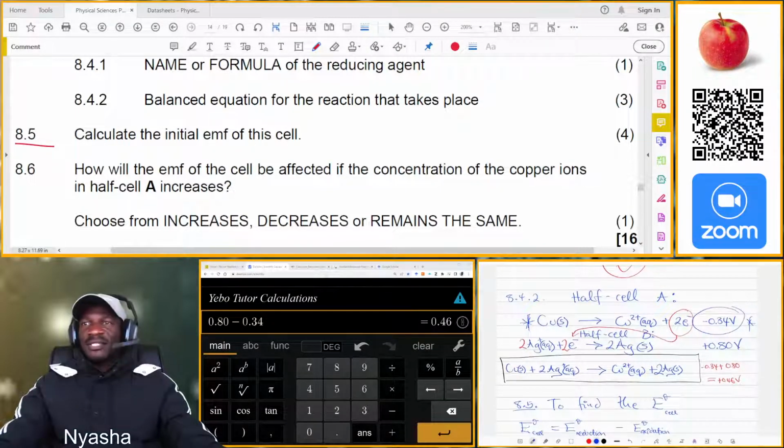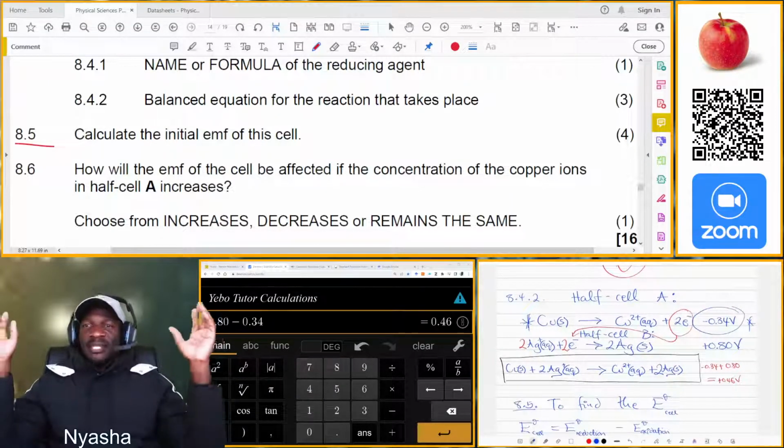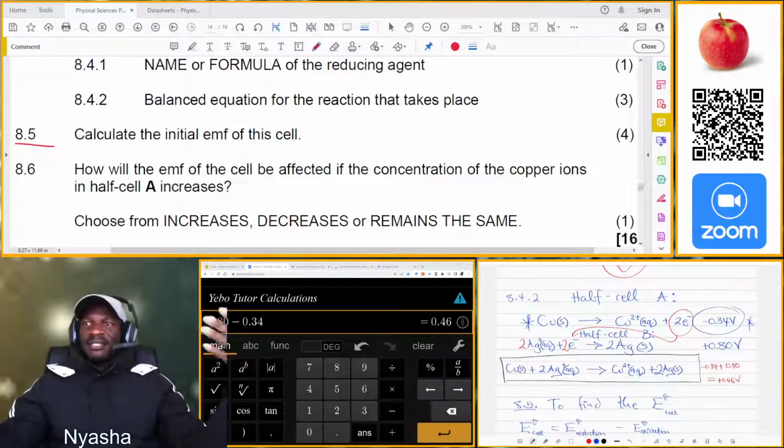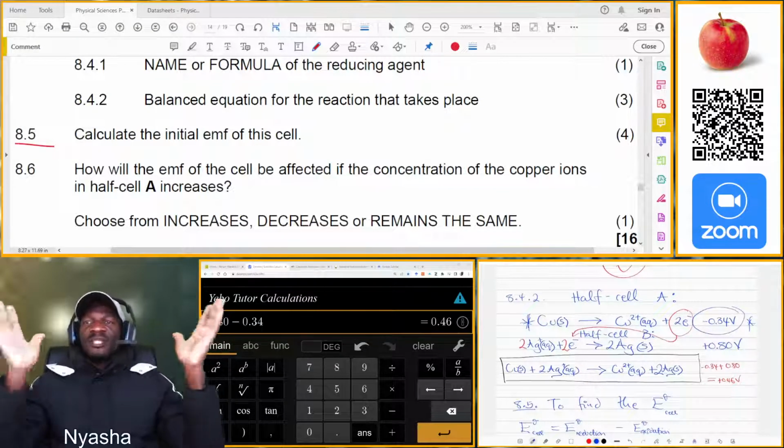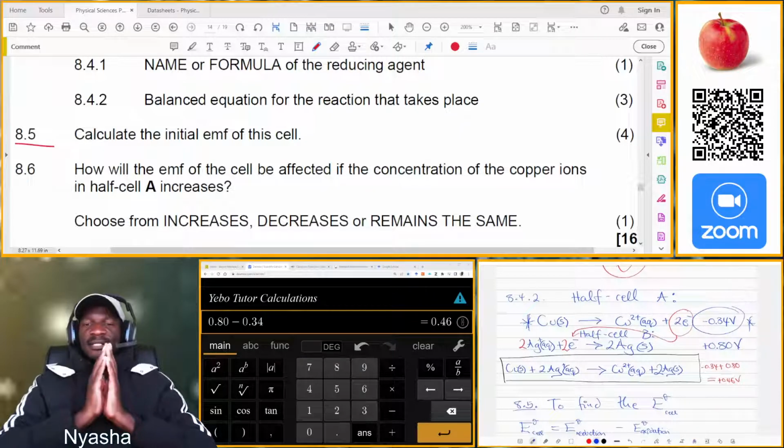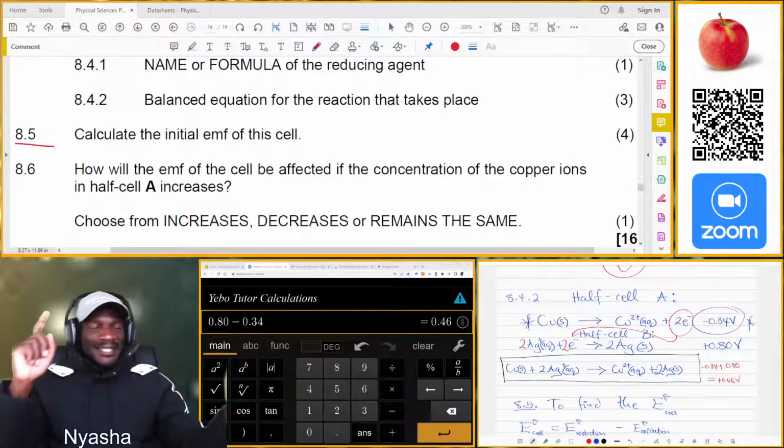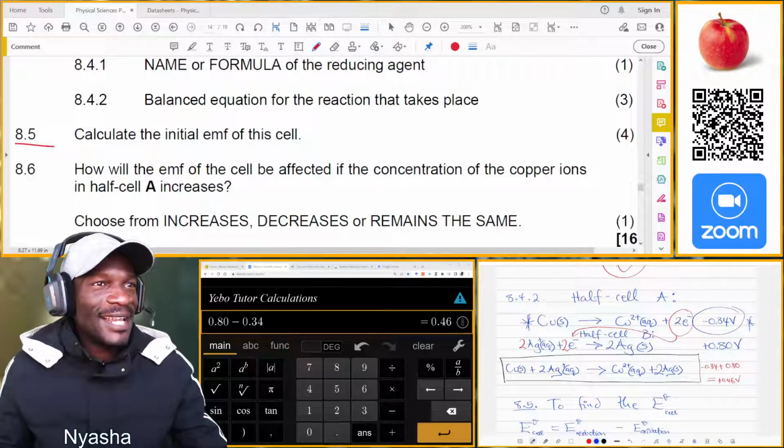Why? Because this process that keeps continuing in half cell A actually has a negative potential. So in our case, if we keep increasing the concentration of the copper ions, we get to a point where the potential keeps decreasing.